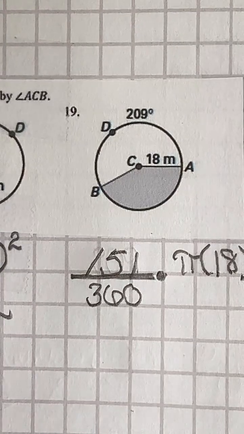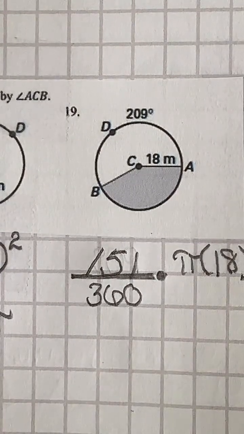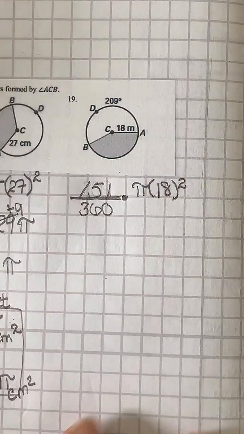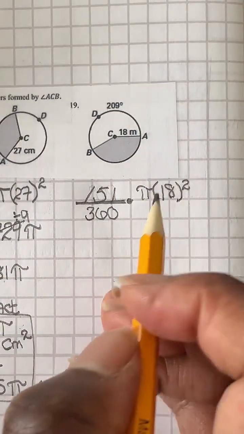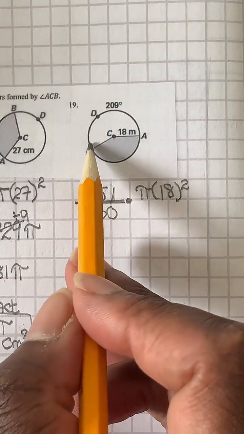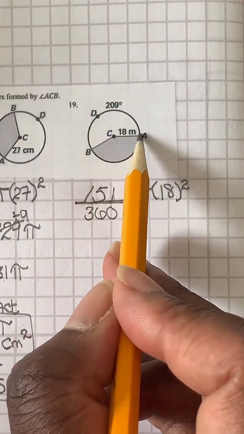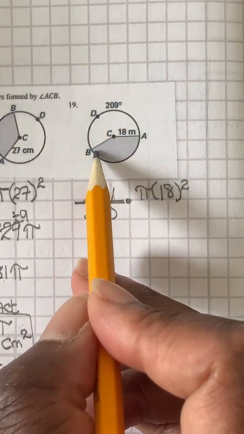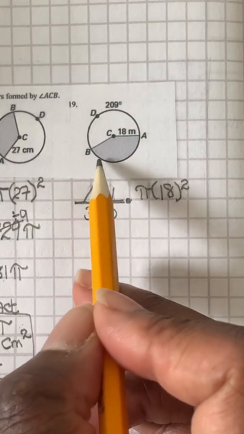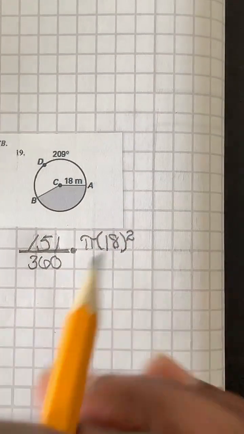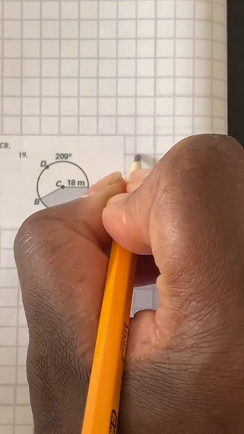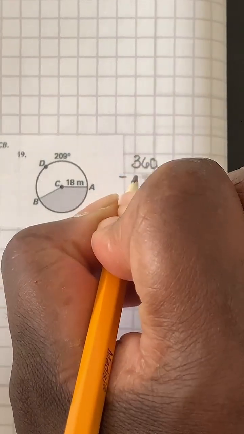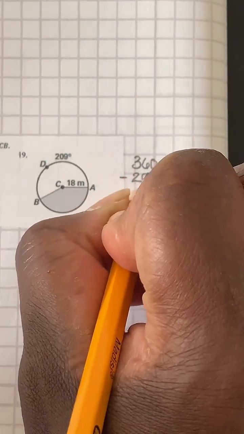All right. Let me zoom in just a tad. Since they gave us the arc measure of this arc, which was 209, but we're looking for this part, we have to take the measure of the whole thing, which is 360, and subtract the 209.